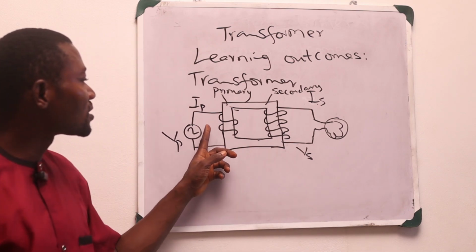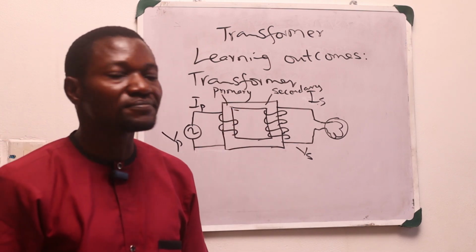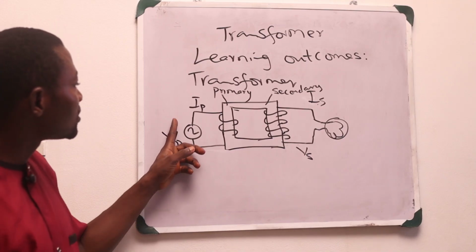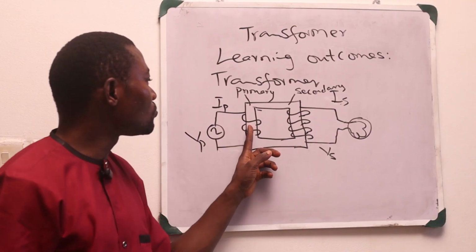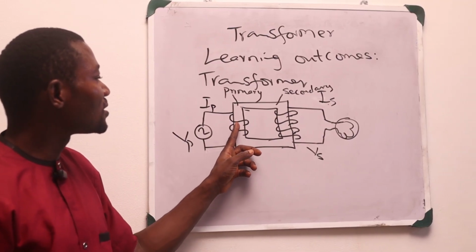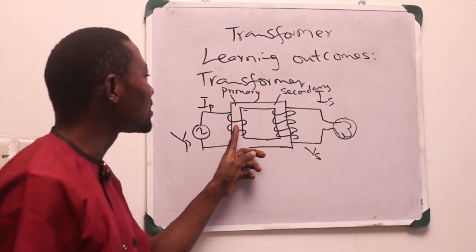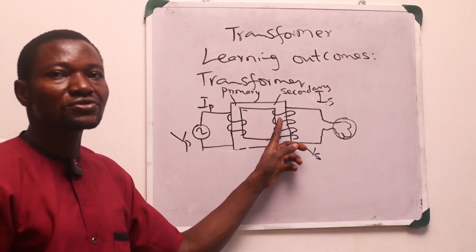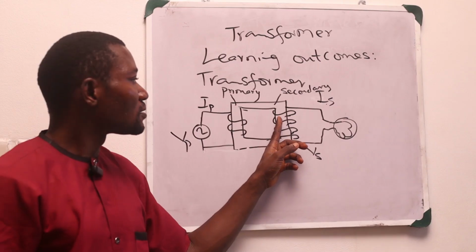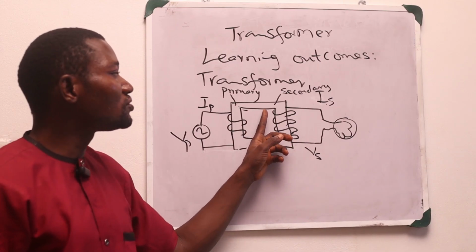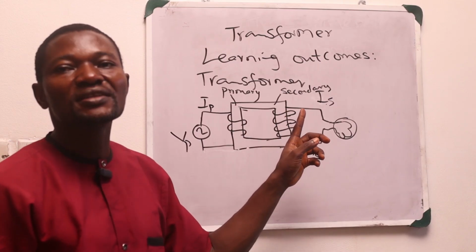So how does a transformer step up or step down? When an alternating voltage, alternating current enters the primary coil, it will be magnetically induced into the secondary coil. In one of our videos, we looked at electromagnetic induction.